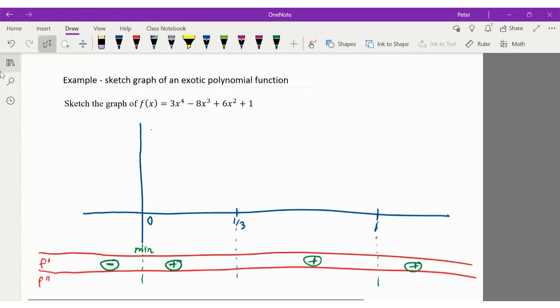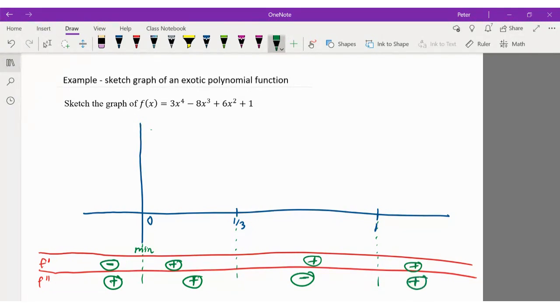And I believe the function was concave up on this side of 1/3. That's from the other page; I don't want to flip back to it now. There was no transition in the second derivative at 0, so it's still positive there. The second derivative was negative in this region, and positive in this region.